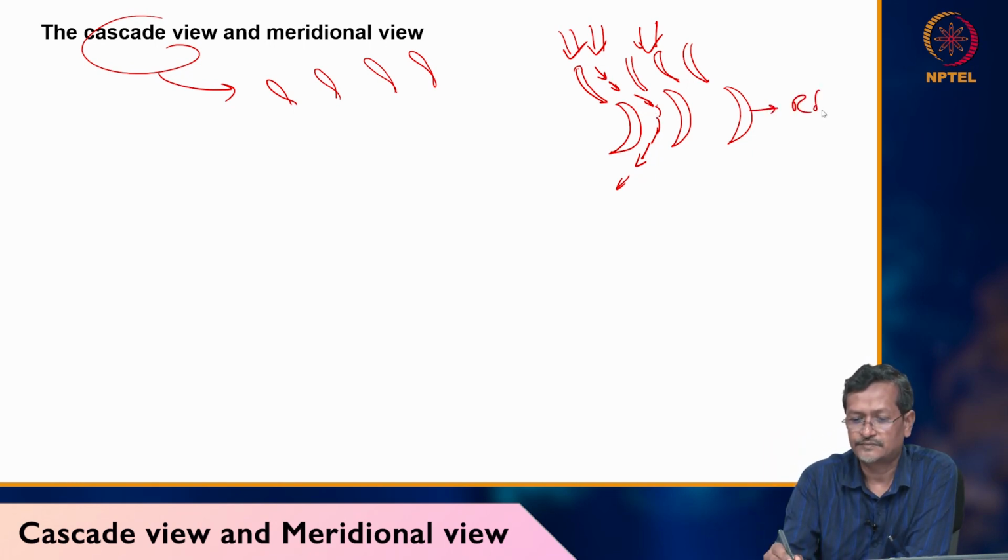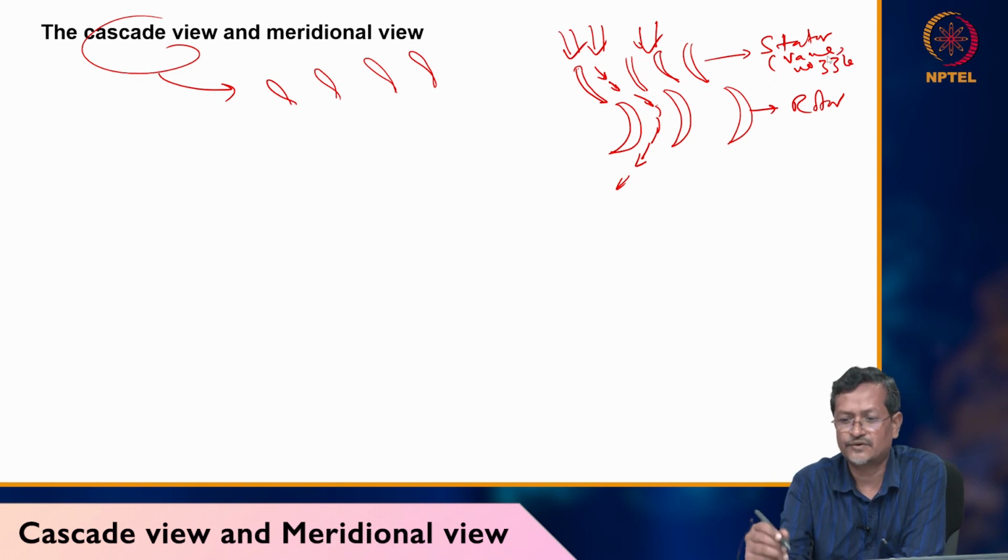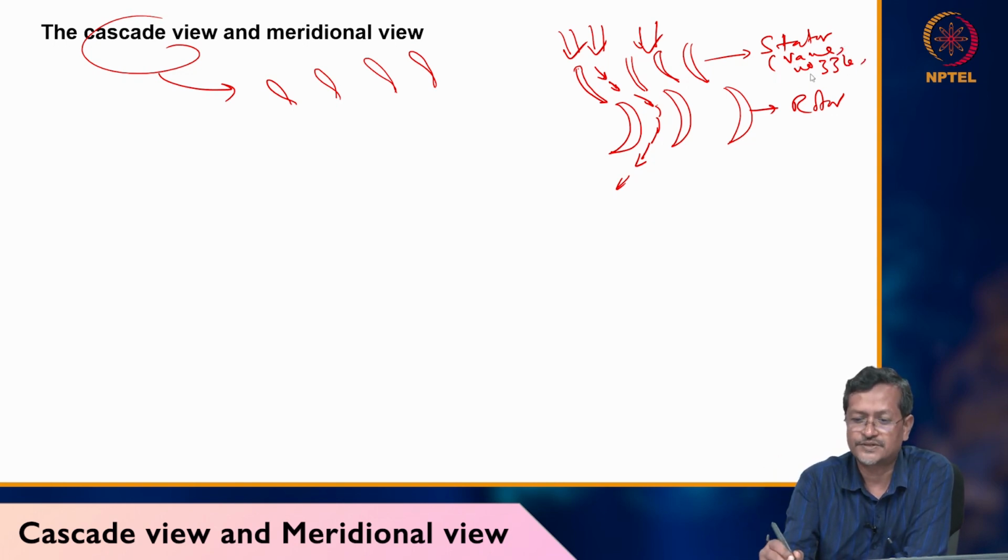This is the rotor, these are stators. We say stator vane or stator nozzle, or sometimes stator blade, and rotor blade.